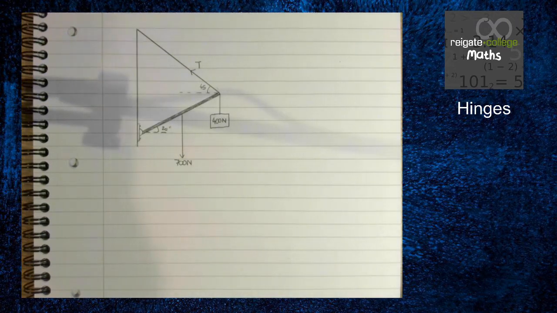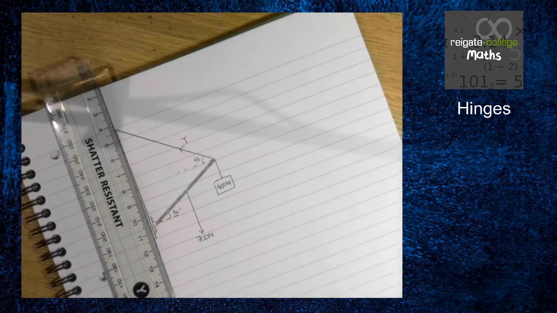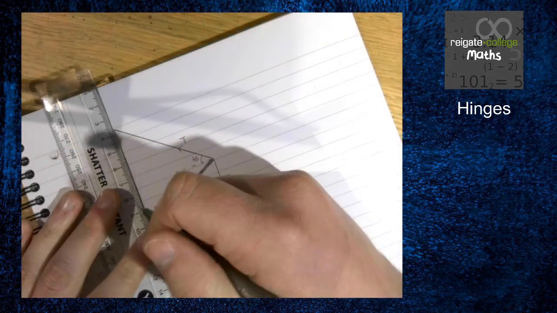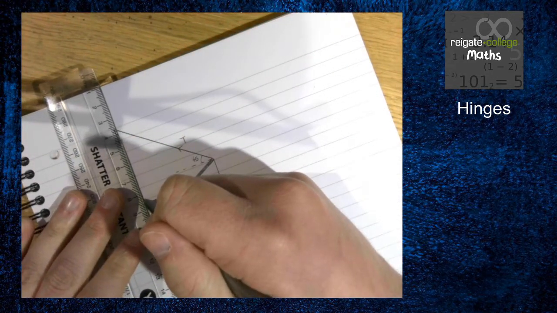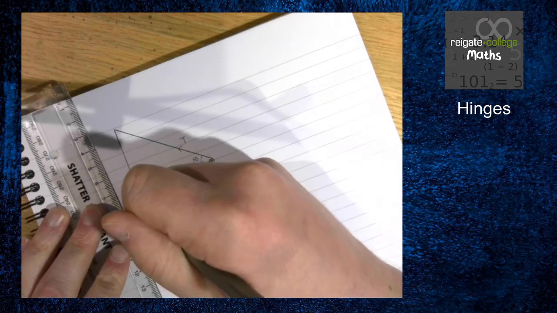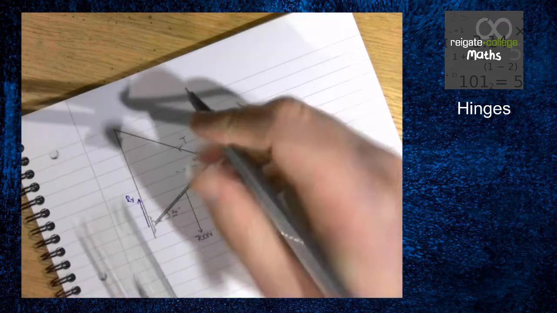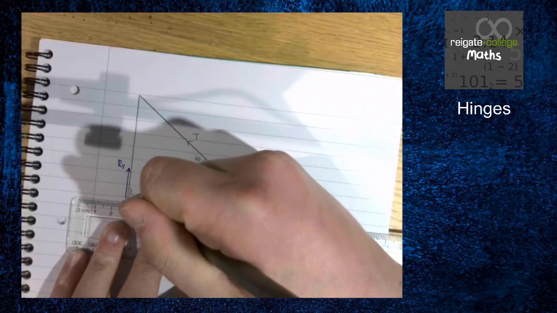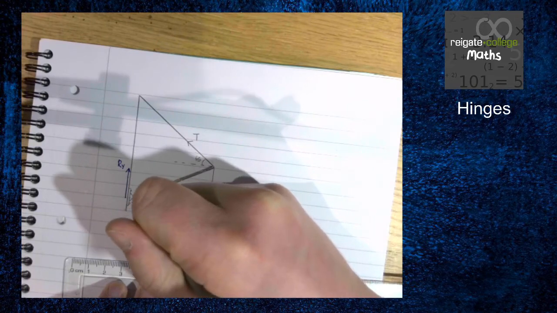So let's continue labeling some forces. We can think about the forces at the hinge. So we've got a reaction force going up, which again I'm going to call Ry, and a reaction force this way, which I'm going to call Rx. Again, you can call them X and Y if you prefer.